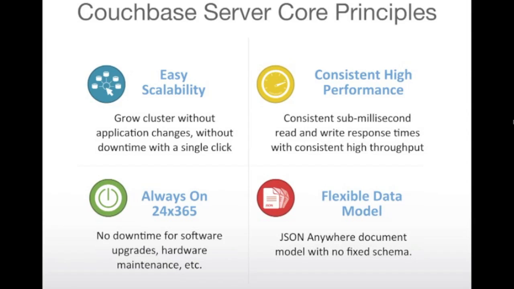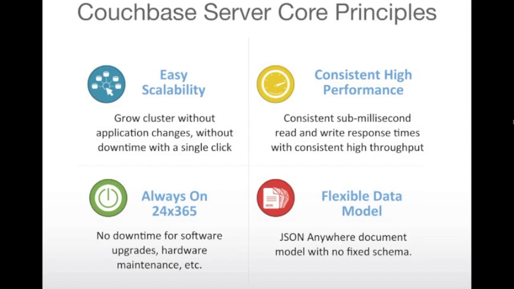Our core principles of Couchbase are easy scalability. I'll show a demo at the end of how easy it is to add machines to a cluster. Consistent high performance: sub-millisecond read and response. Our binary operations over a socket are extraordinarily fast, and that high throughput is very valuable to lots of our customers and users.